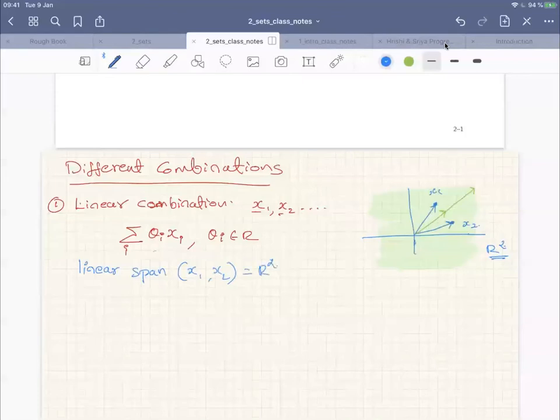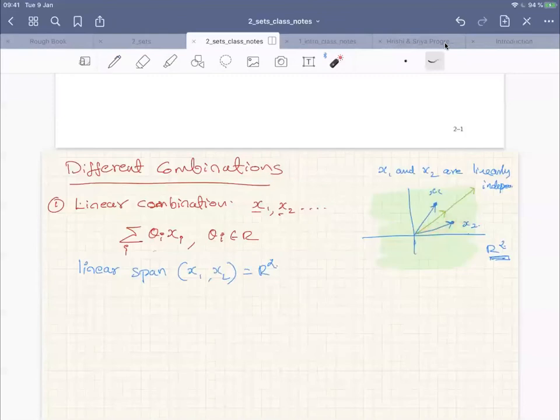Remember, I am considering an example in R2, and here we assume that x1 and x2 are linearly independent. If you take x1 like this and x2 like this, they will not span, right?